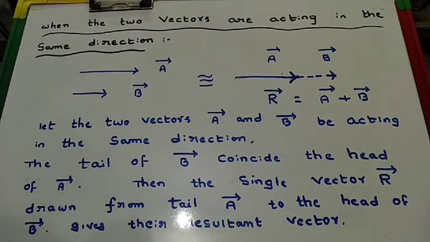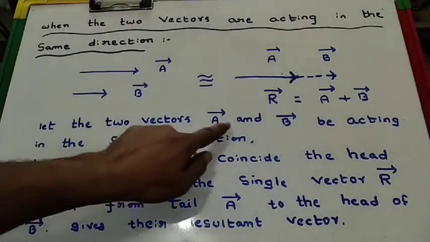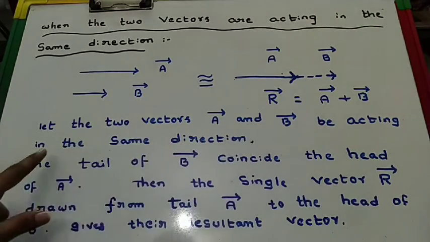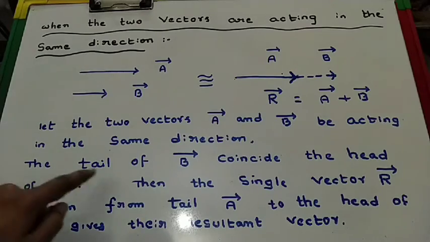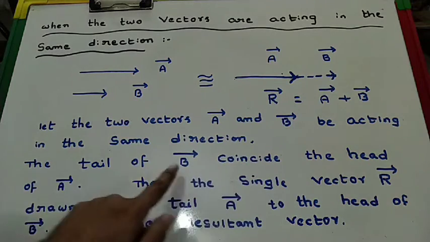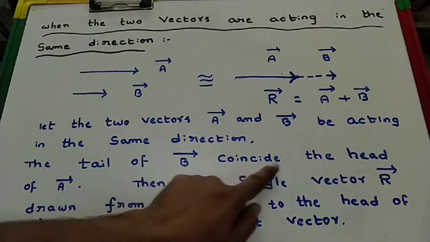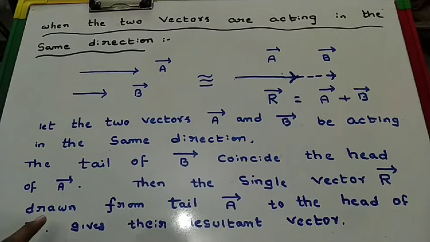Now once again I am repeating the point. Let the two vectors A and B be acting in the same direction. The tail of B coincides with the head of A. Then the single vector drawn from the tail of A to the head of B gives their resultant vector.